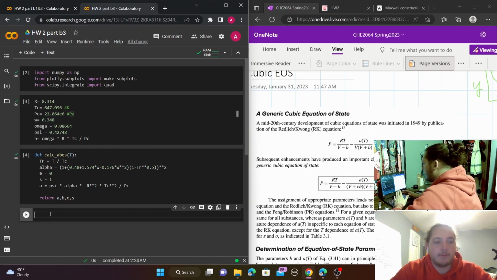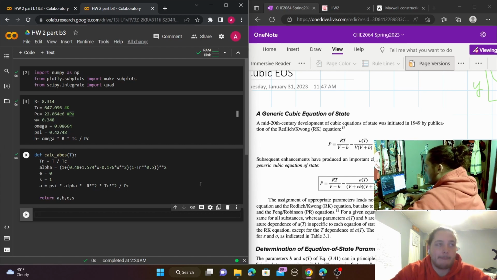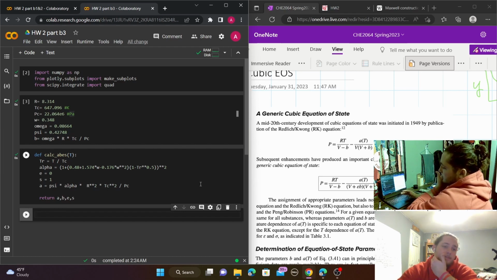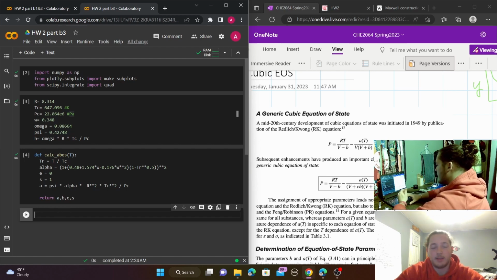So as we keep moving forward here, we are going to take volume and temperature, and we're going to plug it into our SRK equation of state, and we are going to output pressure.